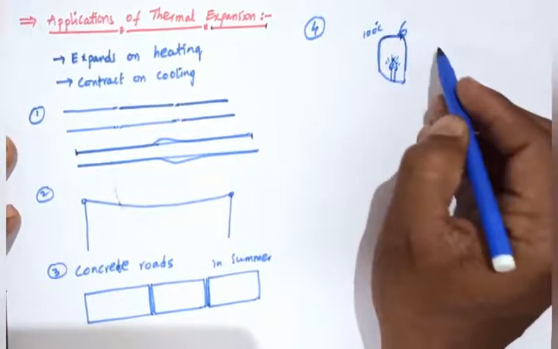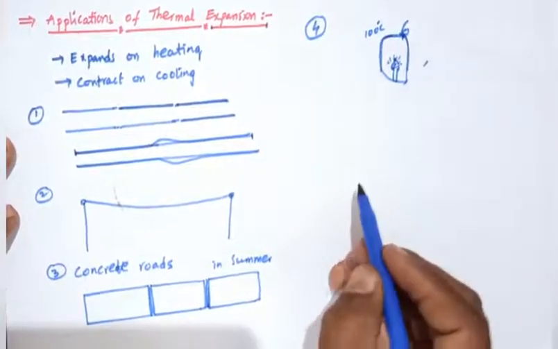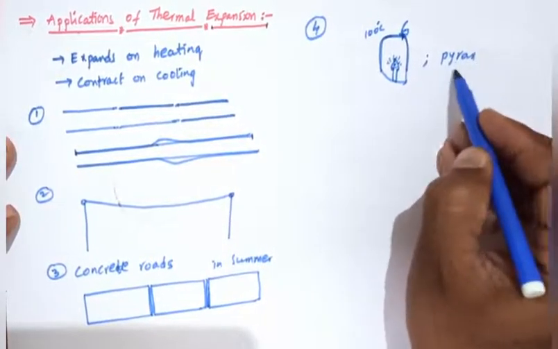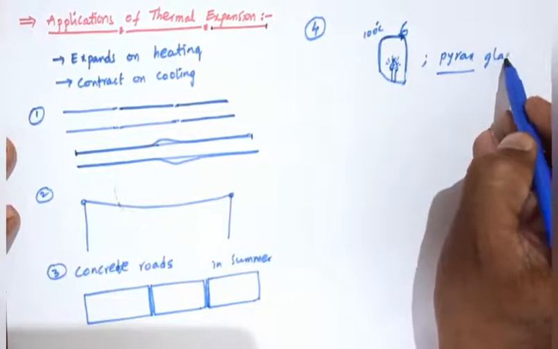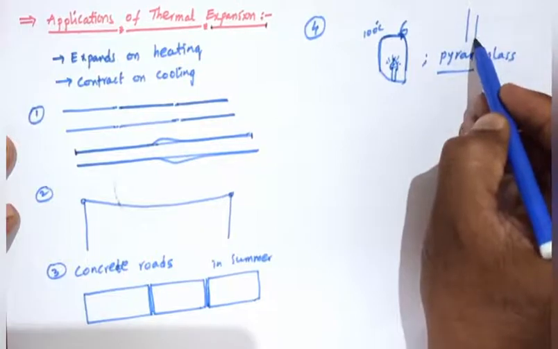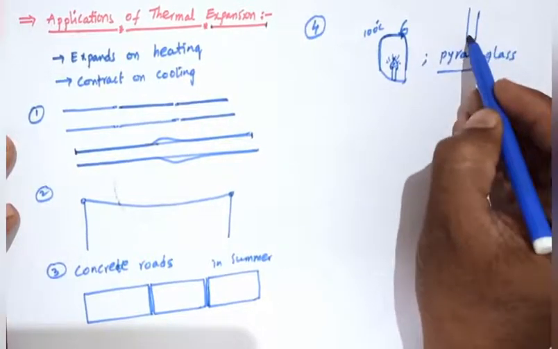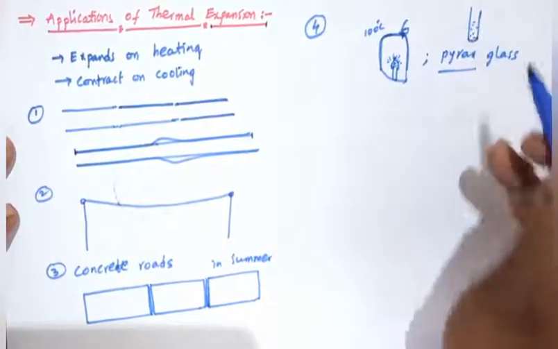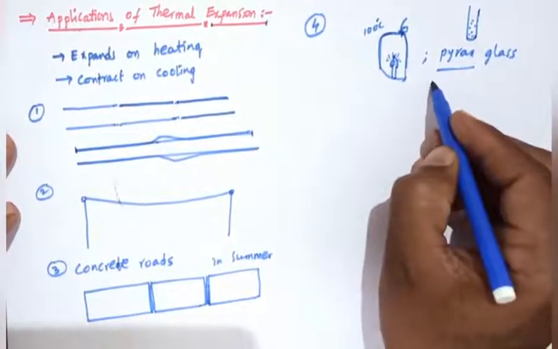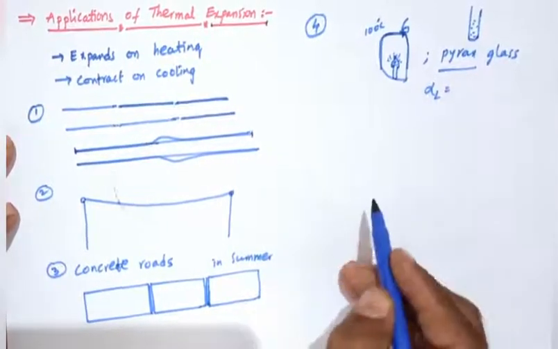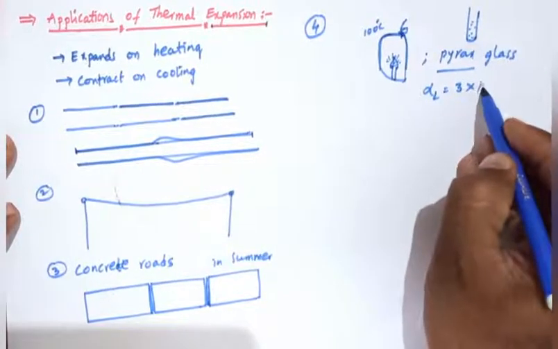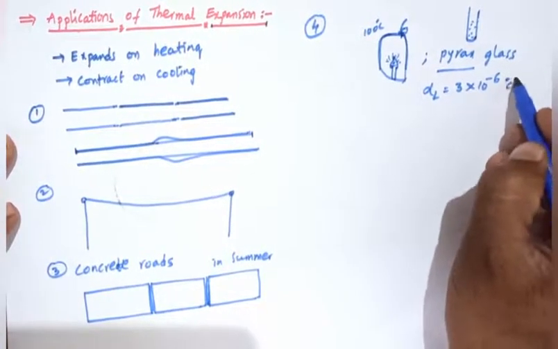So test tubes are made with Pyrex glass or quartz glass. The test tubes in chemical labs are heated. Pyrex glass has a very low coefficient of linear expansion, alpha L equals 3 into 10 to the power of minus 6 per degree Celsius.